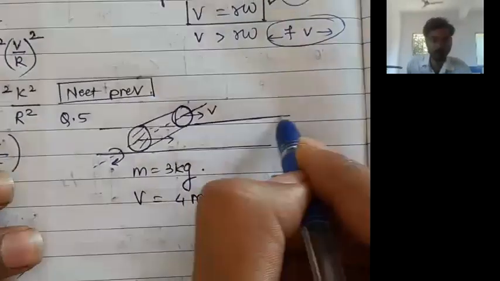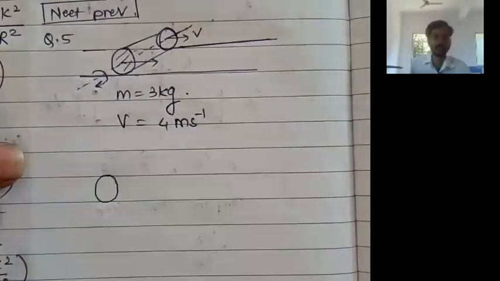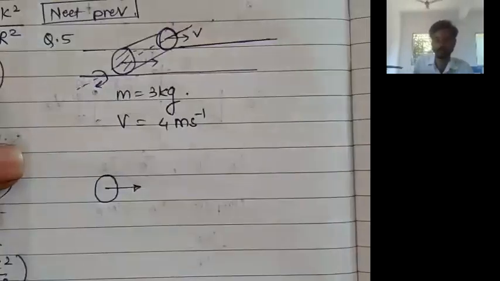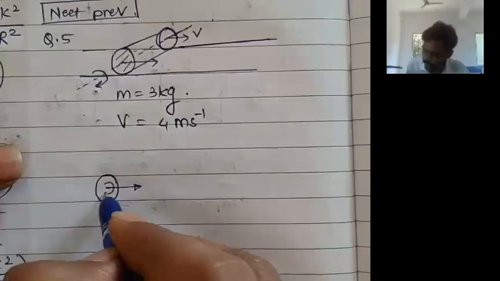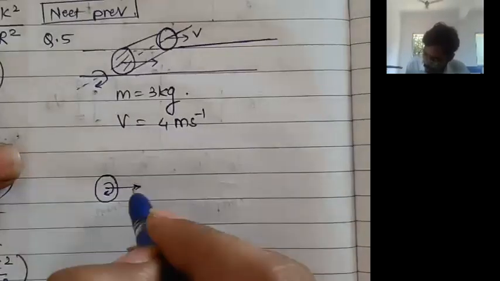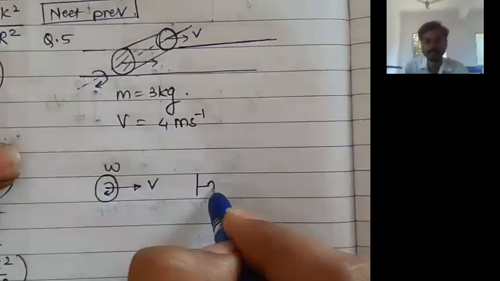Okay, so let me draw it again in a 2-dimensional situation. This is some object having some translational kinetic energy as well as rotational kinetic energy. Let's say this object has v and omega, and it collides with the spring and compresses the spring.